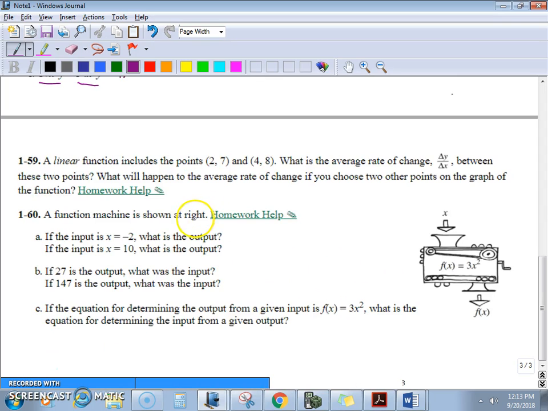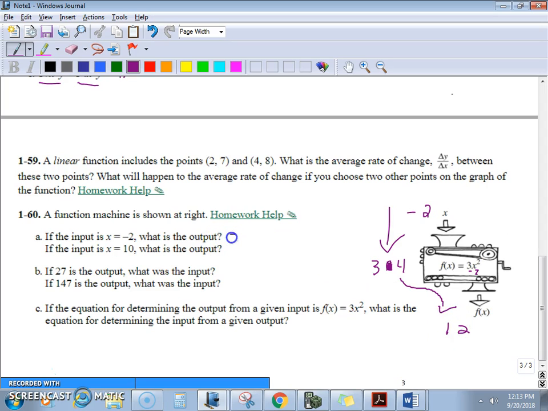All right, the function machine shown at right. If the input is -2, -2 goes into the function machine. That means I have -2 squared, which is actually going to be +4, which means it's going to be 3 times 4, which means my output is going to be 12.